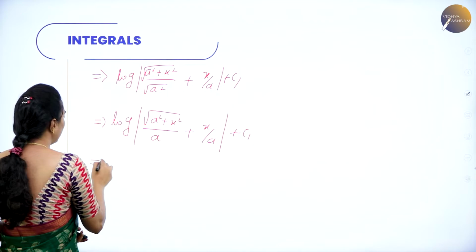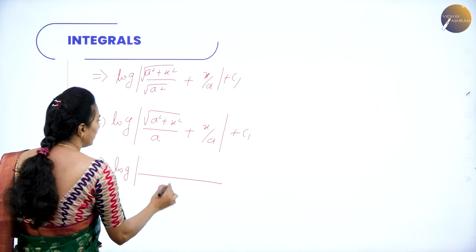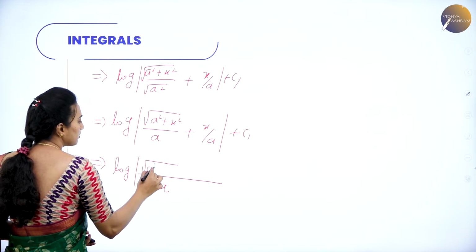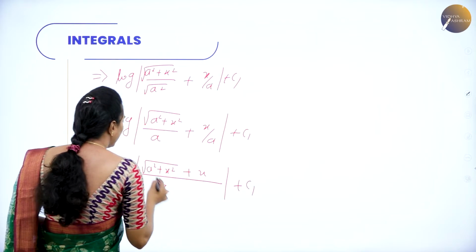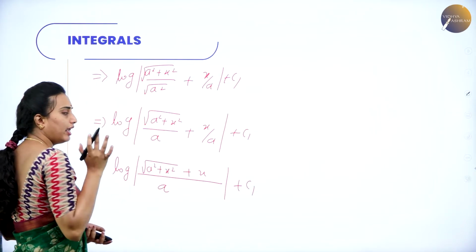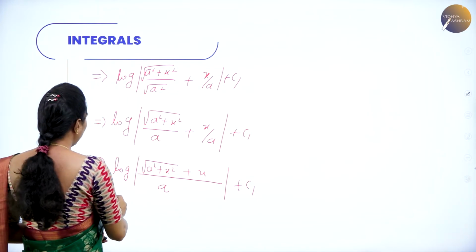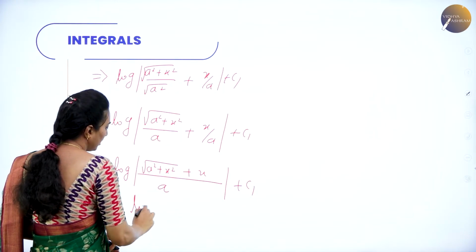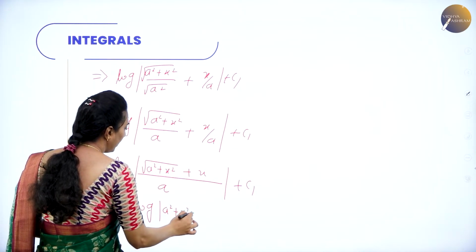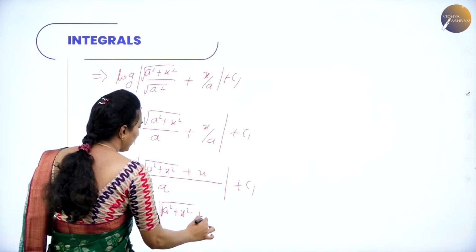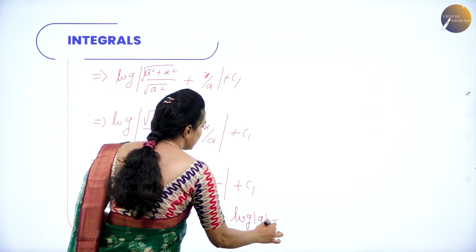Now again taking the LCM as a, log of modulus of numerator a squared plus x squared under the root plus x, all divided by a, plus c1. Now log m by n is nothing but log m minus log n. Therefore, writing accordingly, log modulus of under the root a squared plus x squared plus x minus log of mod a plus c1.